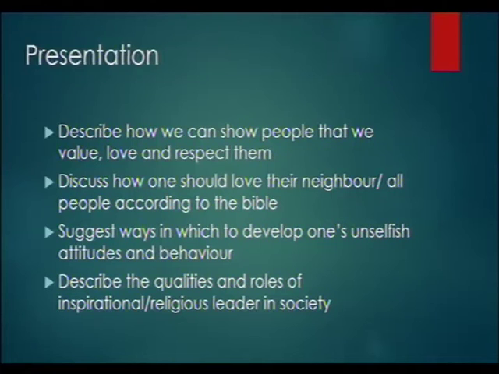Discuss how one should love their neighbor or all people based on what the Bible says. Not all of us are Christians, but the subject is directing us that we need to consult. We need to read what the Bible says about this. We should love others, our neighbors, all people that are surrounding us, as far as the Bible is concerned.